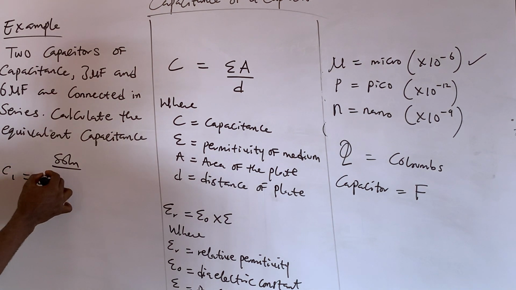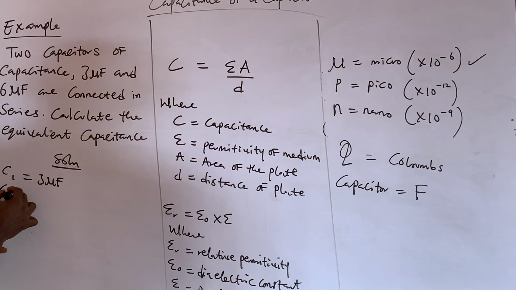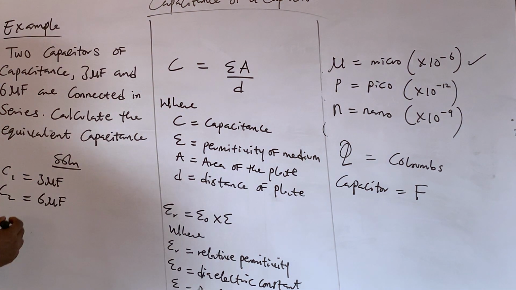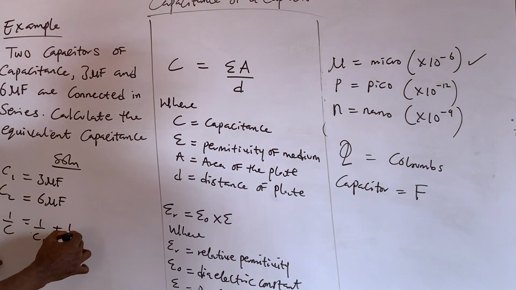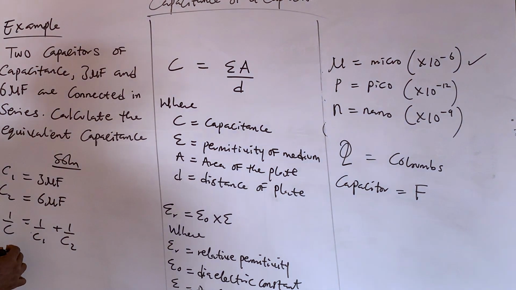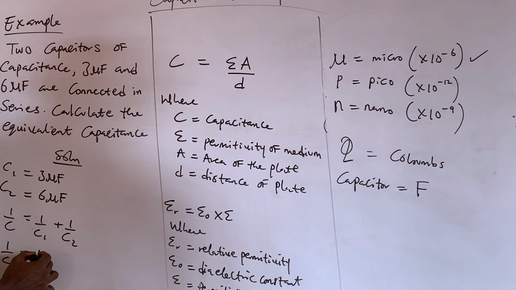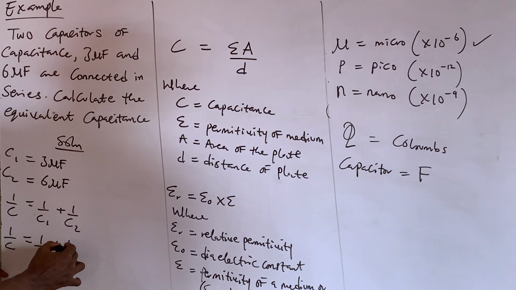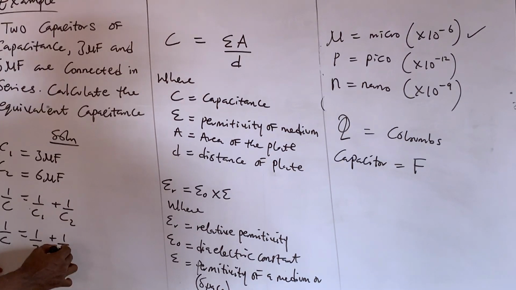C1 is equal to 3 microfarad. C2 is equal to 6 microfarad. They are in series. That is 1 over C is equal to 1 over C1 plus 1 over C2. 1 over C is equal to 1 over 3 plus 1 over 6.